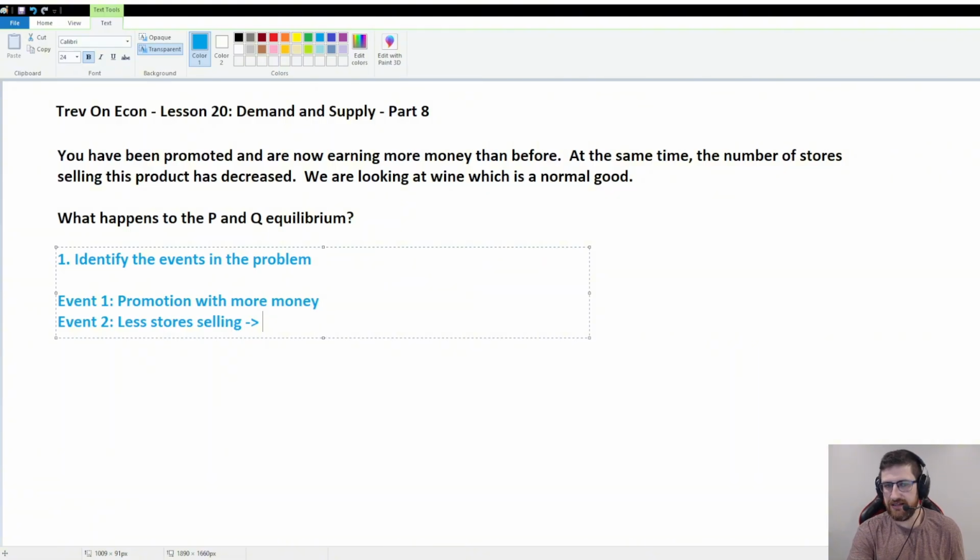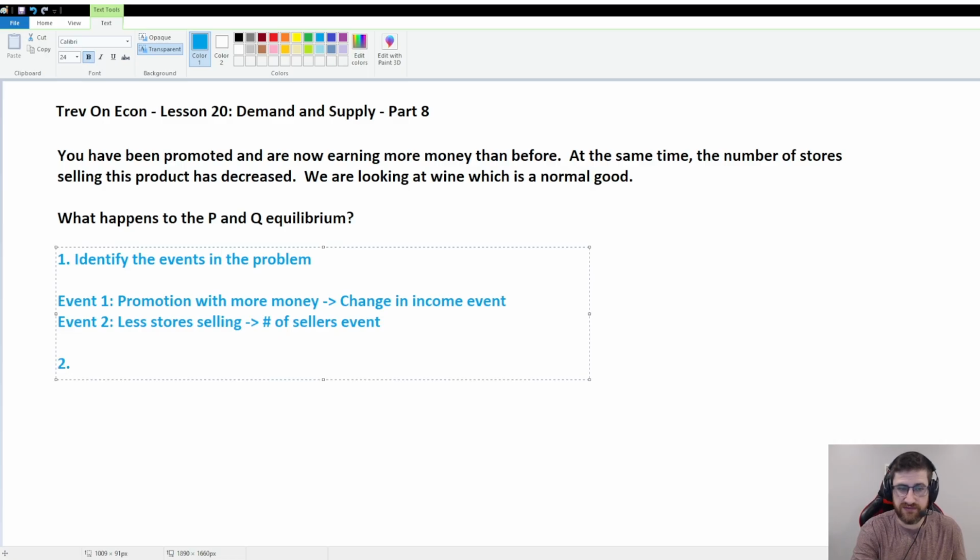So less stores selling, if you scan through your 5 demand, 5 supply things, you'll know this is a number of sellers event. And the first one, promotion with more money, this is a change in income event. All right. Now, they don't have to fit nicely into these categories, which is why I don't say these are necessary, but maybe helpful starting out.